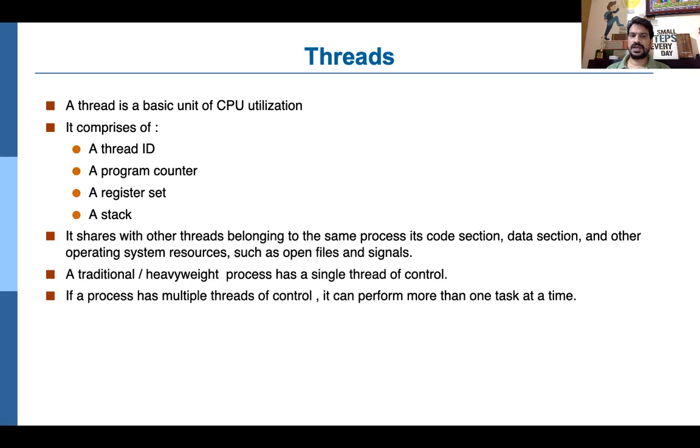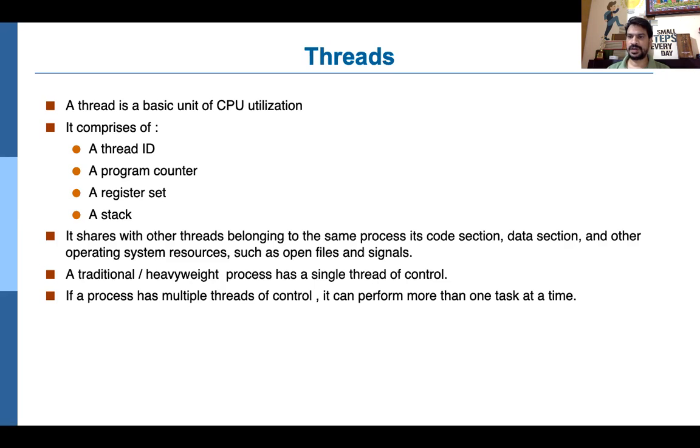So a thread looks like a process, okay, but it has its own ID. Like a process has the process ID, here the thread has the thread ID. There is a program counter also in the thread, like in the process.